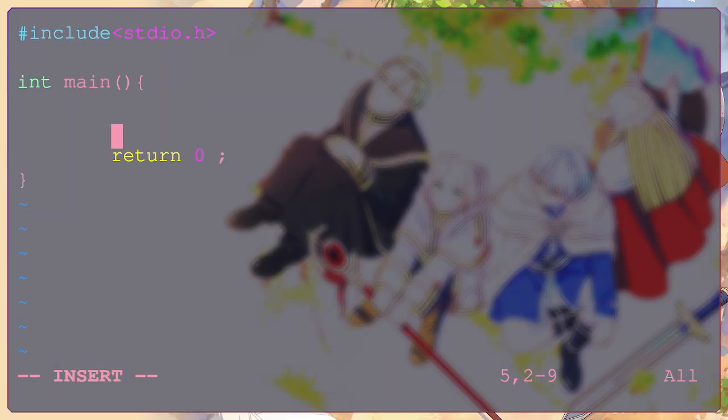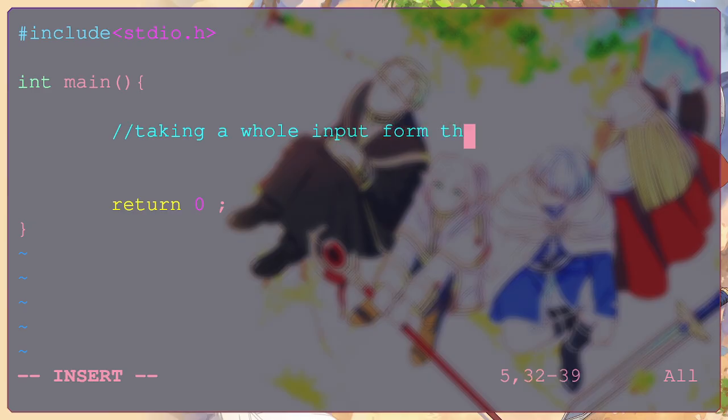Here I need to take the input from the user. Taking a whole input from the user. How to do it? How to take the whole input as a user?